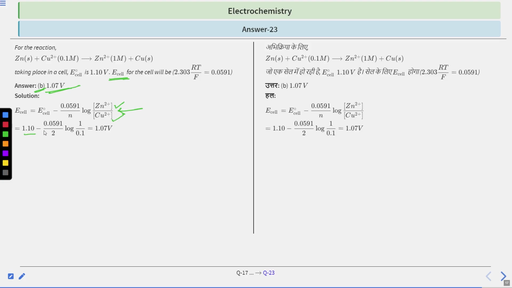So 1.10 minus 0.0591 divided by 2 log 1 divided by 0.1. So it will become 10, and log 10 is 1. So on solving this equation, the E cell value is equal to 1.07 volt. Okay, and thus option B is the correct answer.